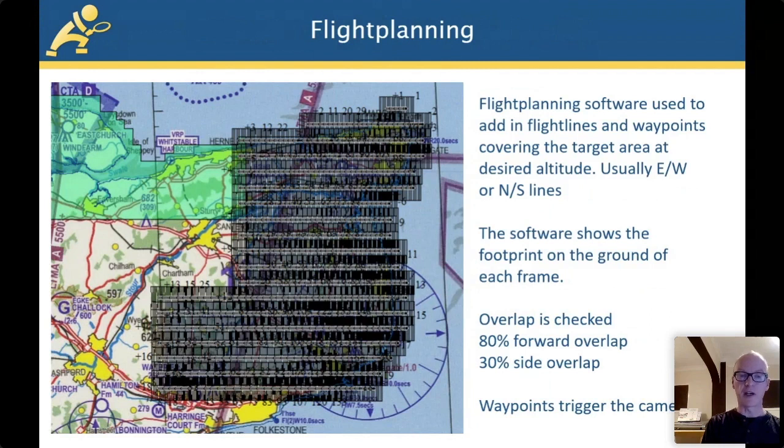So we fly with a very high overlap, 80% forward overlap from frame to frame, and 30% from flight line. And this is crucial for the accuracy of the data and downstream production. So once you've established a flight plan, it will create GPS waypoints, which will trigger the camera when you're in the air.